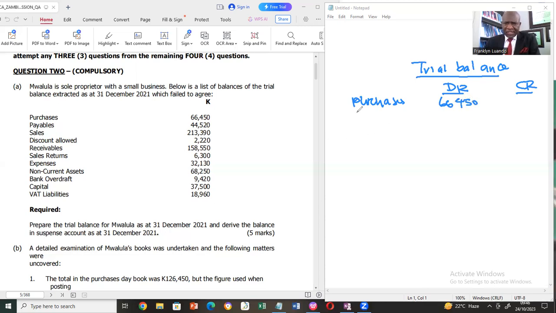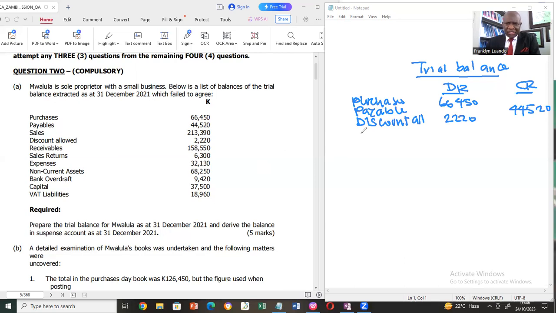Then payables, that's a liability. That is 44,520. Discount allowed is an expense, debit. Discount allowed, that is 2,220.